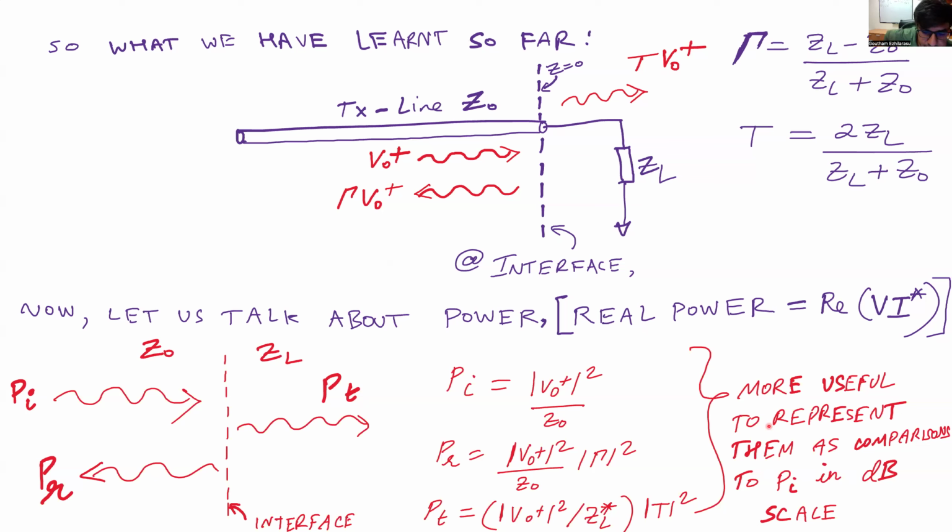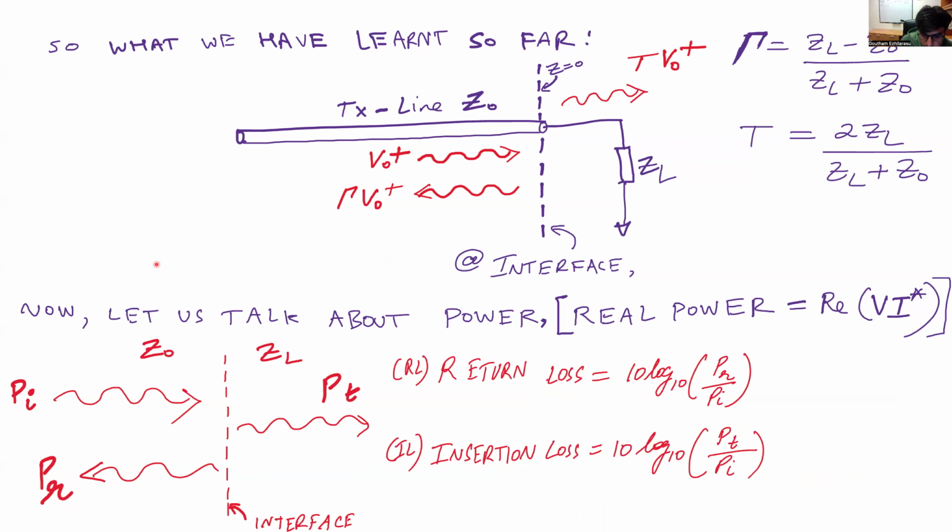That comparison will give a better understanding of what actually happens when the incident wave either reflects or transmits. So how do we typically create a comparison between powers? We create a ratio of the reflected or the transmitted power with respect to the incident power. Because the transmitted and reflected power can sometimes be very different from the incident power, it's good to represent them in a log scale or a dB scale.